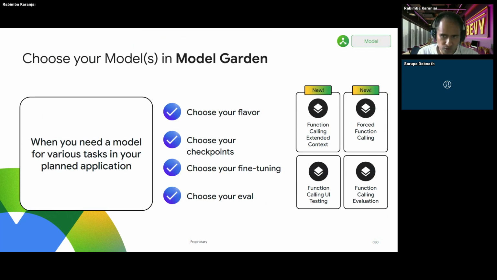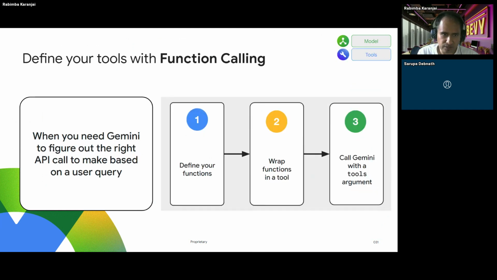If you want to utilize a pipeline like that, you can use Model Garden. So you can have function calling to extend the context of your LLM. You can use function calling for testing, evaluation, and grounding your data. You can define your own tools using function calling.